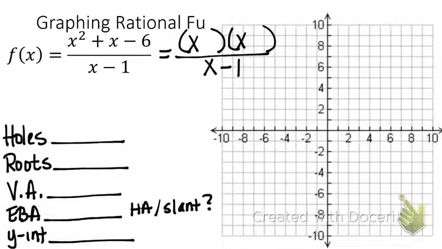What would those numbers be? +3 and -2. Okay. So does something cancel? Do we have a factor we can cancel? All right. So for your hole, we're going to say we don't have any, because nothing cancels out. But you always want to factor it to see.